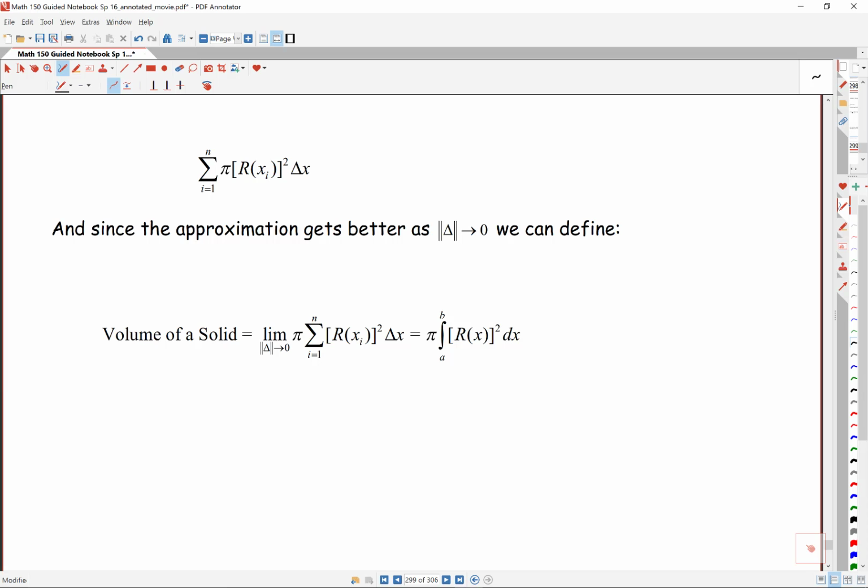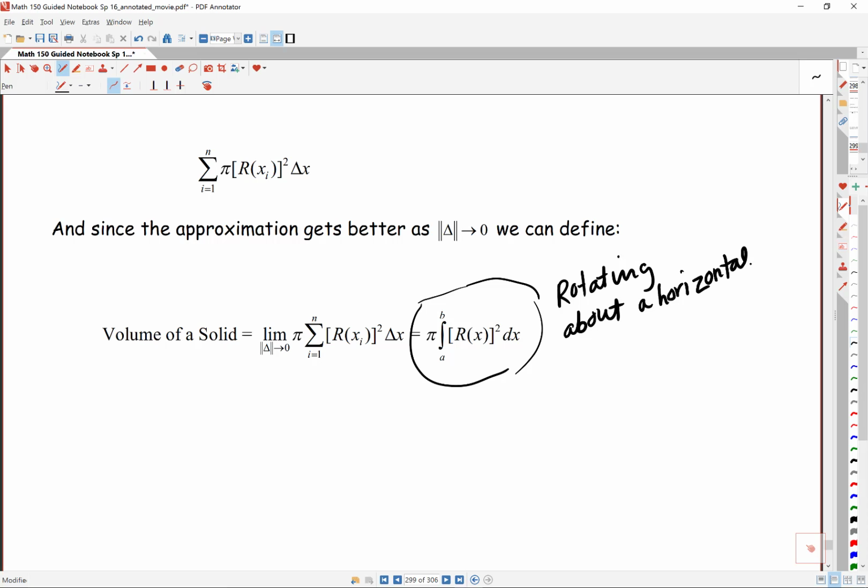And that is if you are rotating about a horizontal axis. We'll do the formulas soon of what would happen if you were revolving about a vertical axis.